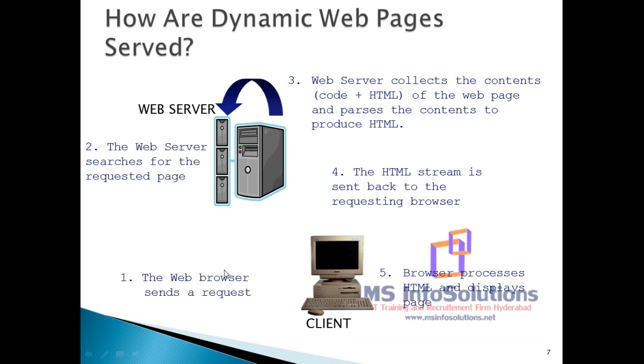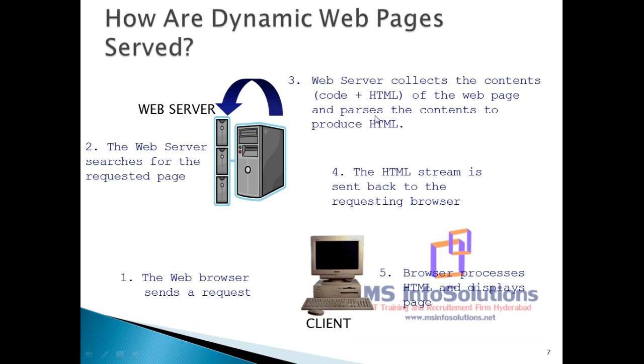In the second step, the server searches for the requested page, whatever request is sent by the client. Based on that, the server will search the data. The third step is that the server collects the content, the server side code and the HTML code of the web page, and parses the content to produce HTML.